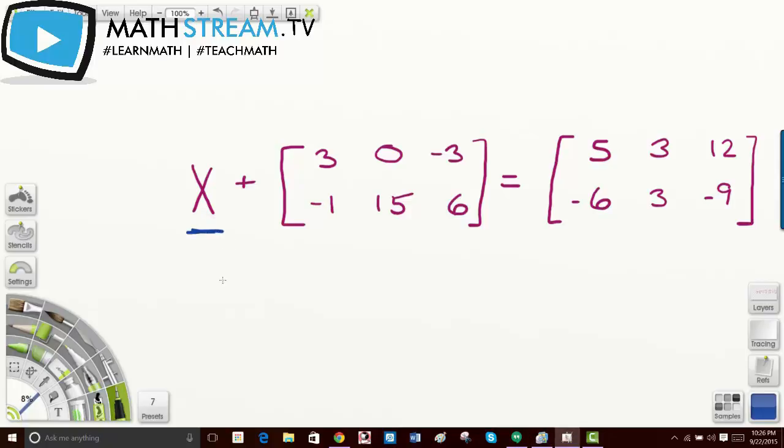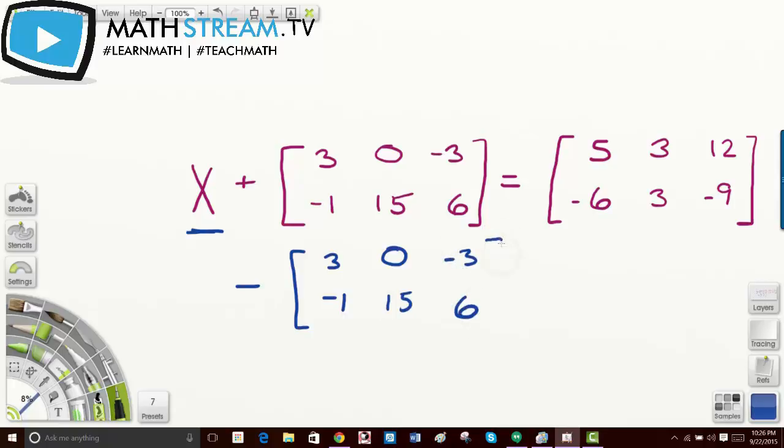I want to get this by itself. What do I need to do to get x by itself? Well, I'm adding currently this 2 by 3 matrix with 6 different elements within it. So if I'm adding that, I need to get rid of it by subtracting. So just like in a normal equation, if I do something to the left side, I need to do it to the right side, just to keep it balanced.